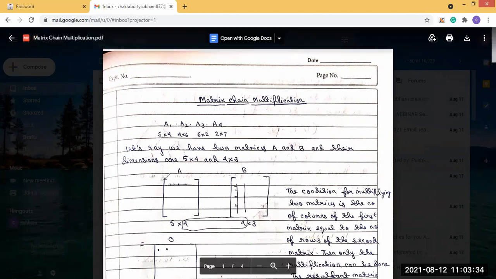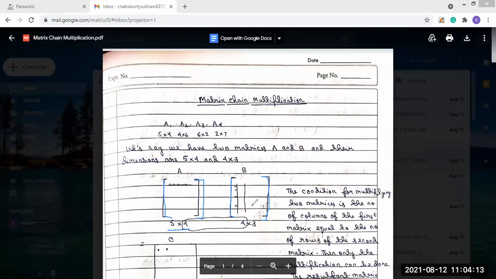Let's say we have given a matrix A and another matrix B. A matrix has dimension 5 into 4, meaning 5 rows and 4 columns, because in a matrix the first is the row, then the column.